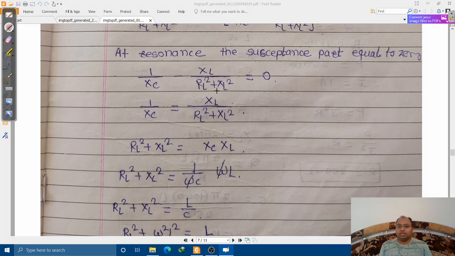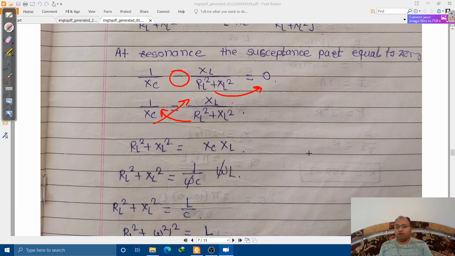Now let us transfer this term to the right hand side so that we can cancel out this minus sign. So we have transferred this. Now let us do the cross multiplication. We are going to take this term to the left hand side, and XC is going to get multiplied with XL, right?